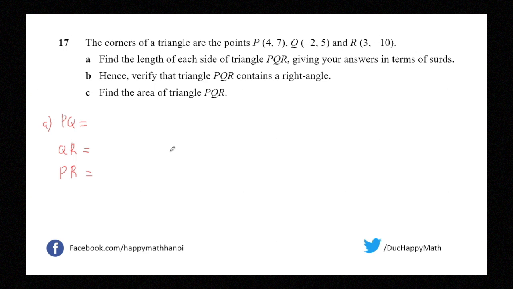So after you apply, you will get that the value of QR is the square root of 250, and PR will be equal to 290. Okay, how about B?